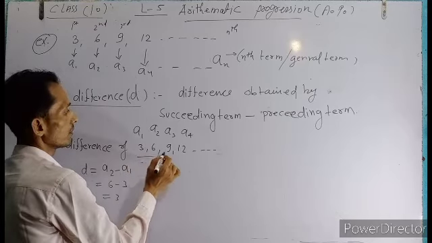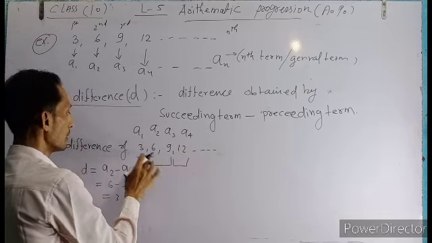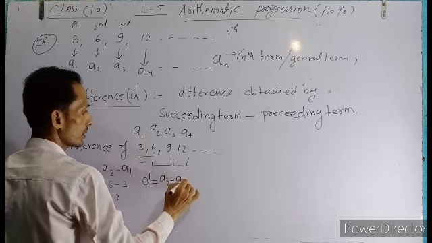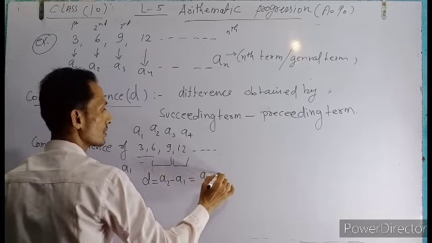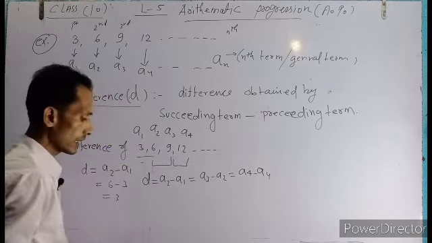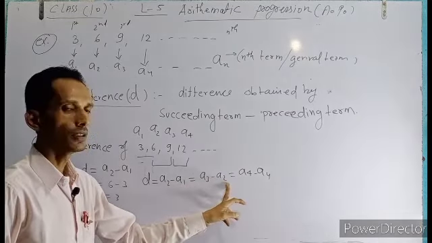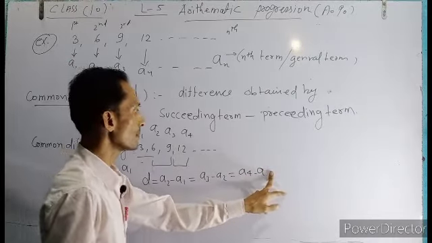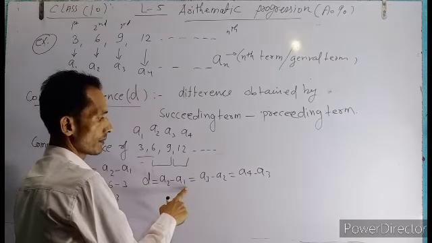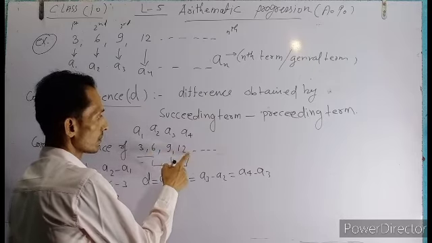We can take this pair or this pair also. So D can be defined in any way: D equals A2 minus A1 equals A3 minus A2 equals A4 minus A3. That is, second term minus first term, third term minus second term, fourth term minus third term.